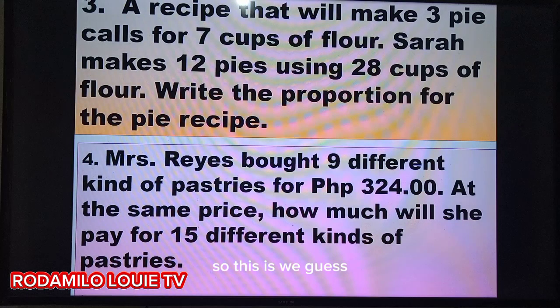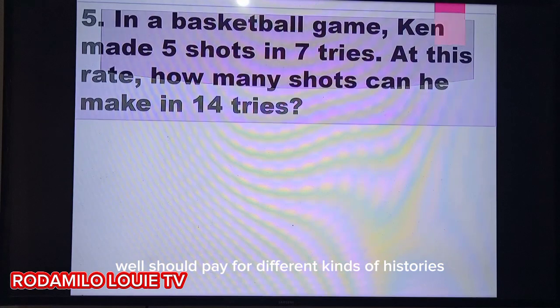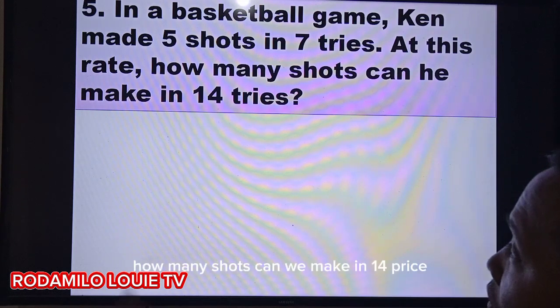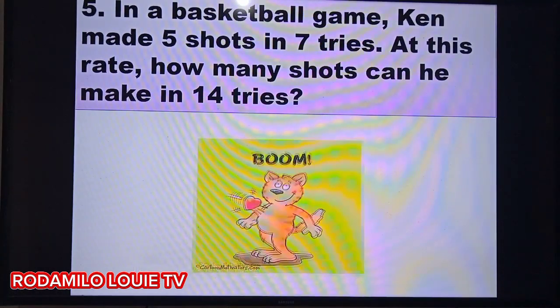Next, 9 different kinds of pastries cost 324 at the same price. In basketball, a player can make 5 shots in 7 tries. At this rate, how many shots can they make in 14 tries?